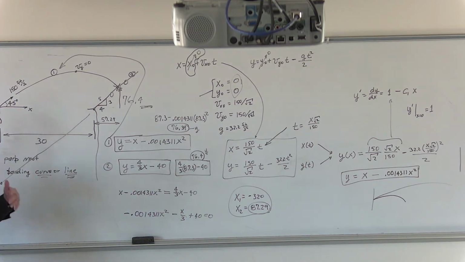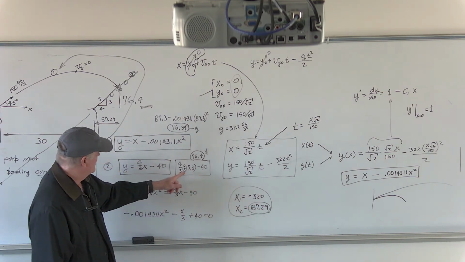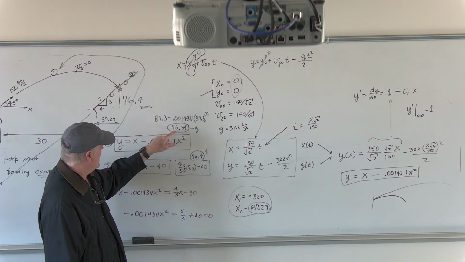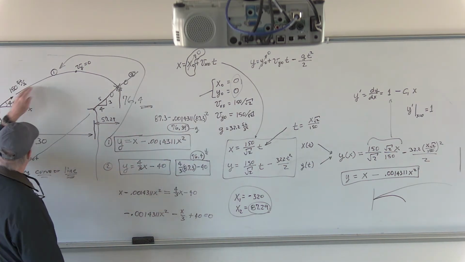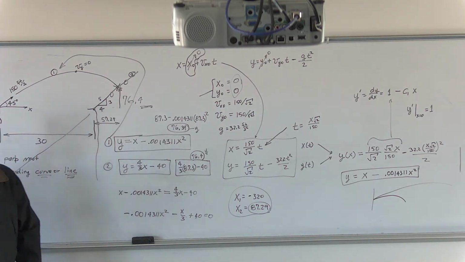Both the equations, if I put in the 87.29 here, or 87.3, give me back the Y from this equation and the Y from this equation. In other words, the Y from the parabola does equal the Y from the straight line. And that's it. That's all.